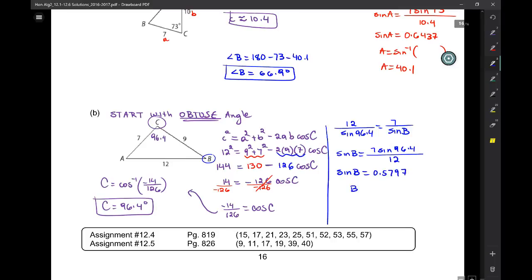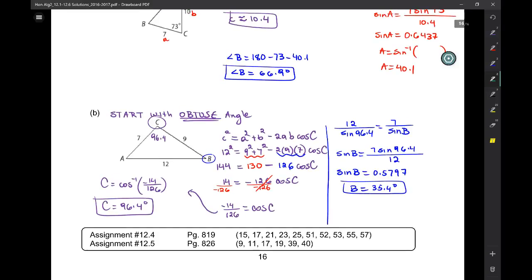And now you want to find the inverse, and it's 35.4. You can do inverse sine of 7 sine all in one go. You totally can. Are you kidding? Of course. I just do it this way to make sure people are following, but you can.